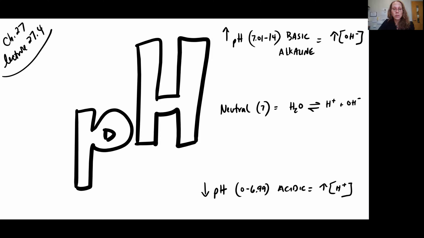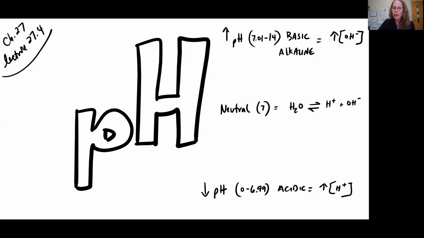Any pH value that's less than 7 to 0, so 0 to 6.99, is considered to be acidic and is going to have a low concentration of hydrogen ion. So we can talk about that as having a low pH. Any numbers greater than 7 up to 14 are considered to be either basic or alkaline. Those terms are used to mean the same thing.